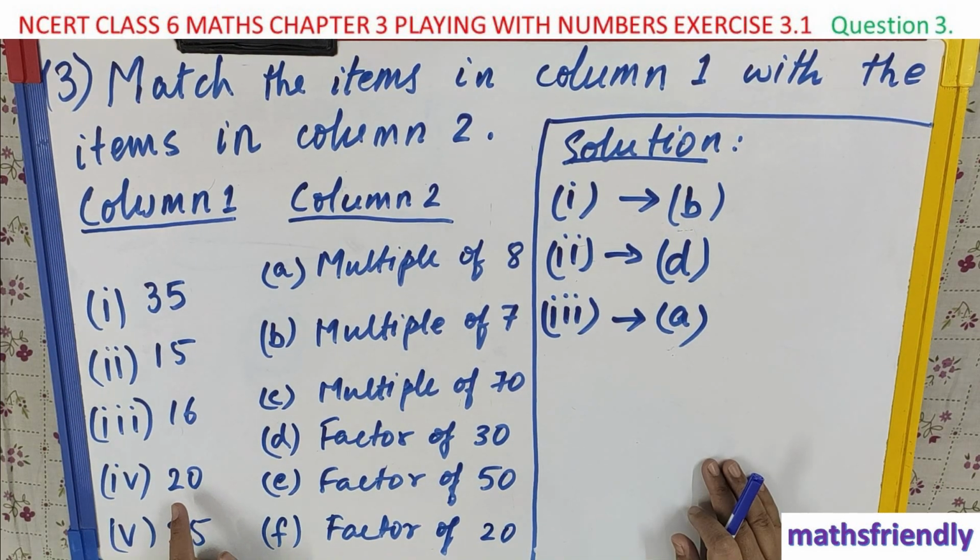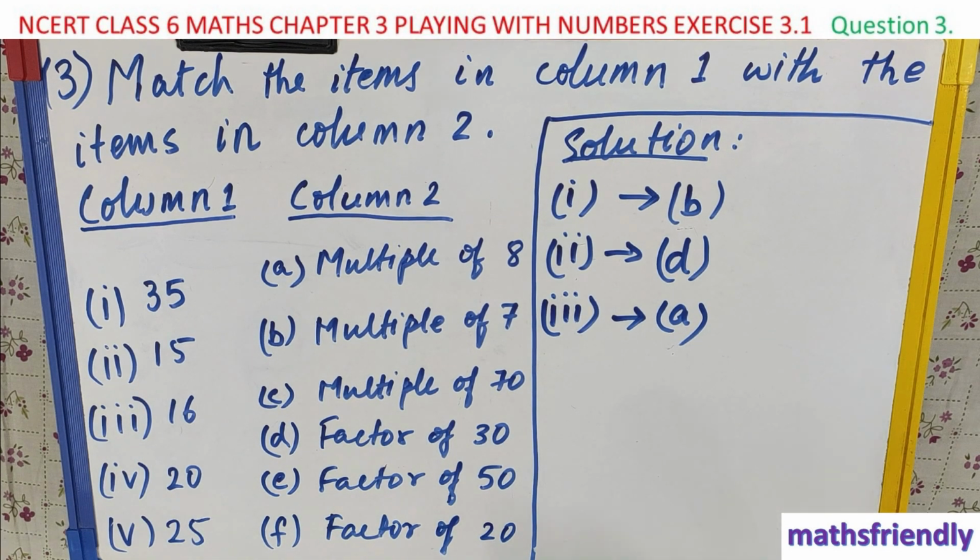Now let us check whether 20 is a factor of 30 or not. Means this matches with this or not. 20 will be a factor of 30 if 30 is completely divisible by 20. Let us check.